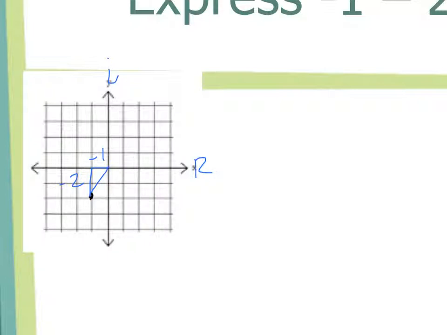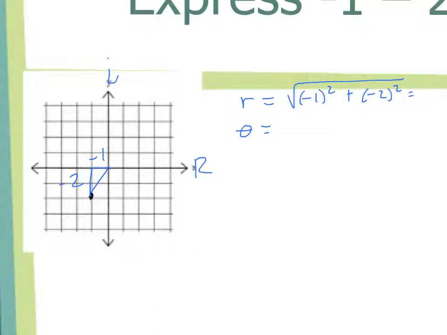We need r, and we need theta. Notice we have x and y, so as always, the Pythagorean theorem, x squared plus y squared, will yield r.